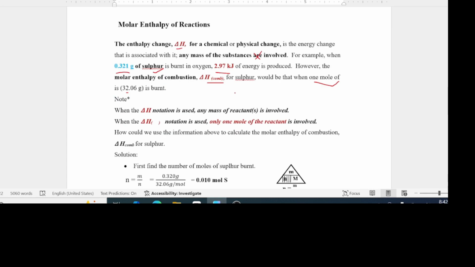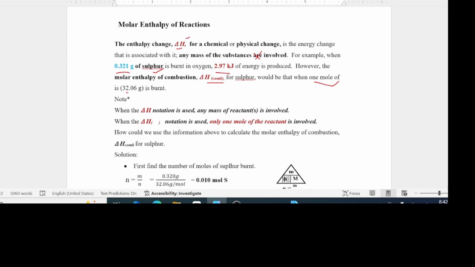So when we're talking about molar enthalpy change, as opposed to enthalpy change, you're going to see this enthalpy change symbol here, but written as a subscript. You're going to see in parentheses whatever change is taking place, and that will indicate that we are talking about the enthalpy change for 1 mole of that particular reaction.